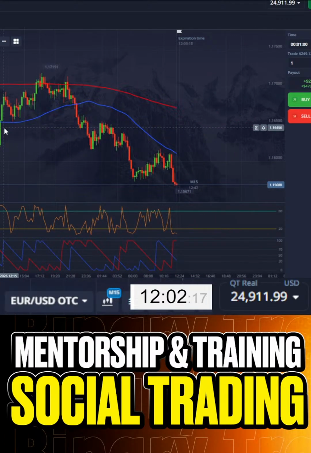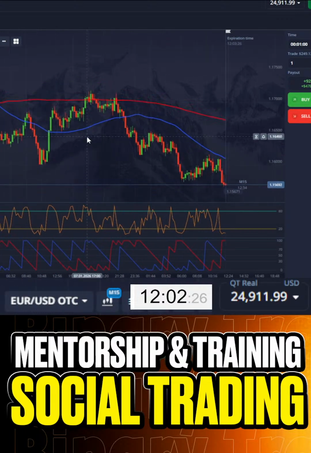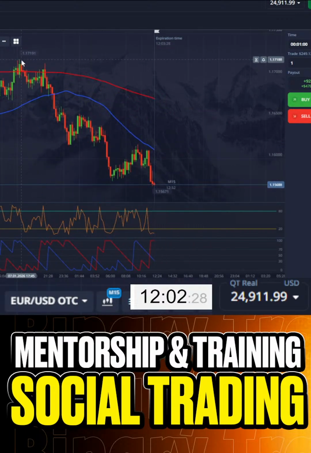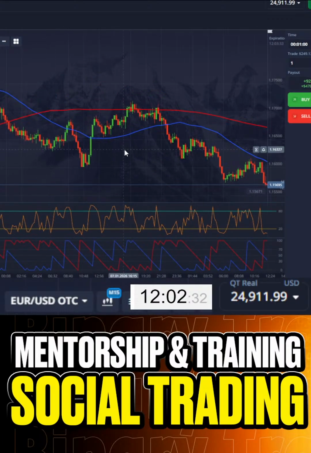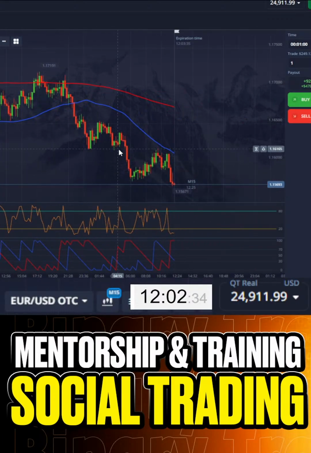Okay, let's take a look at the pair Euro USD. What we can see here? We can see here that the price is going down. It means that the trend direction is downward, right? Right.